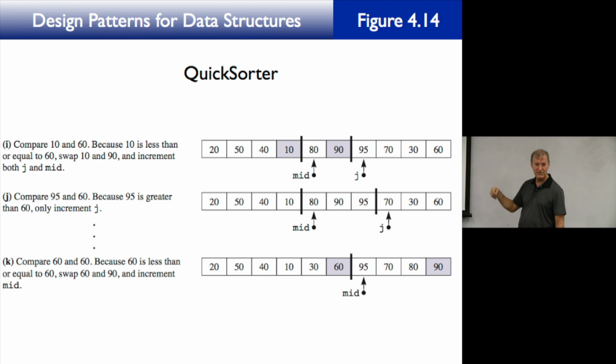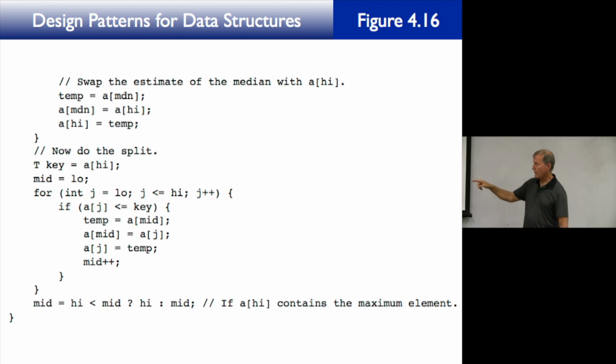It would be compared with itself. It would swap itself with mid, and then what would we do with mid? Increment, mid plus plus. So in that unfortunate situation, mid would be past what? High. So if we look at this very last line, now you guys know the ternary operator? The C++ ternary operator, the question mark colon?